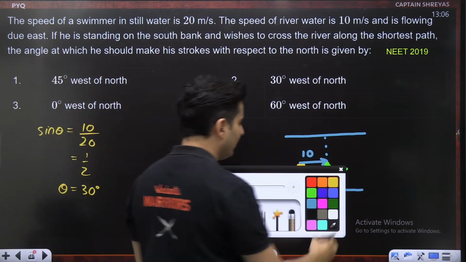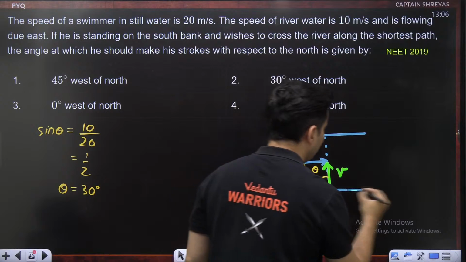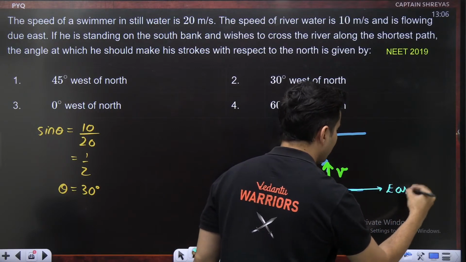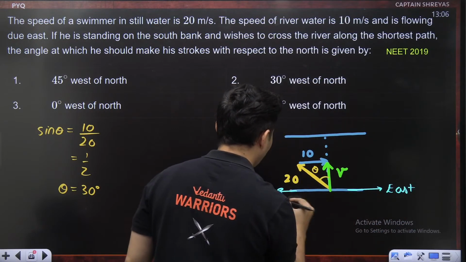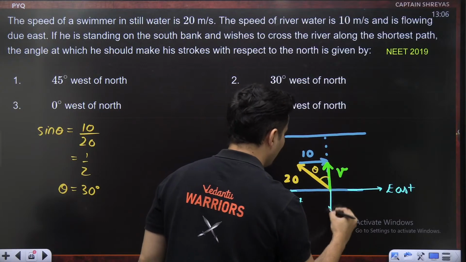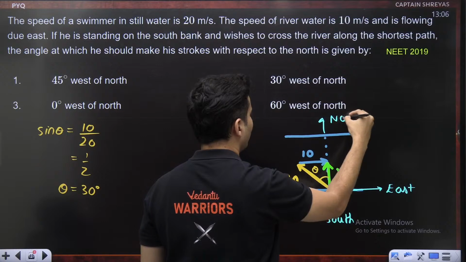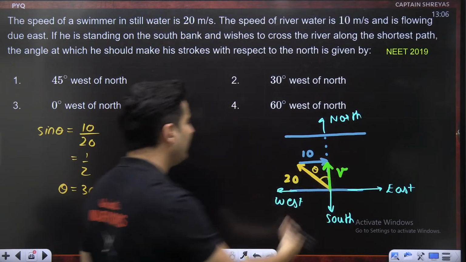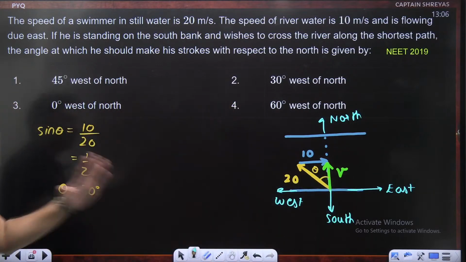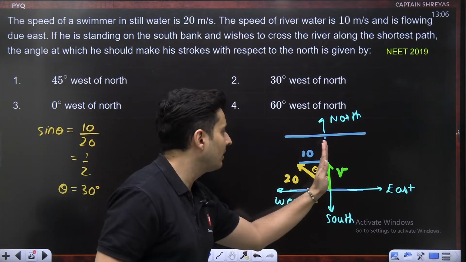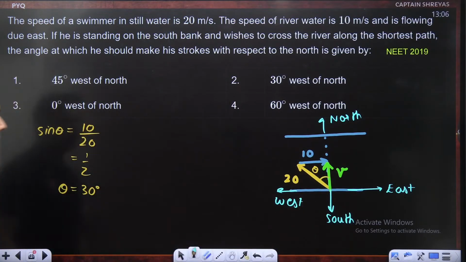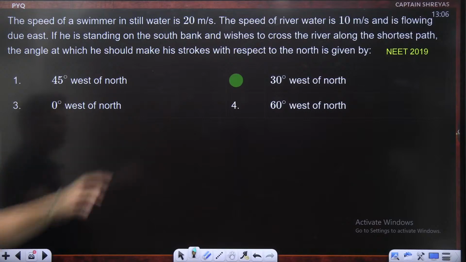But keep in mind the directions now. Remember, this is your east direction. This was your west direction. This was your south direction. And this was your north direction. So 30 degrees he is making with what? North. 30 degrees he is making with north towards west. Yes.